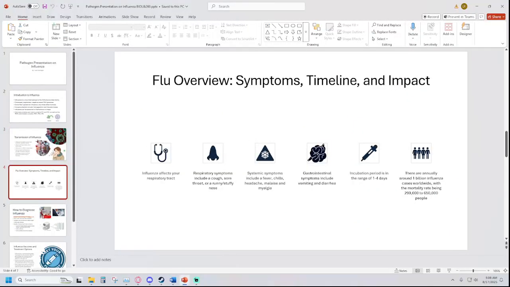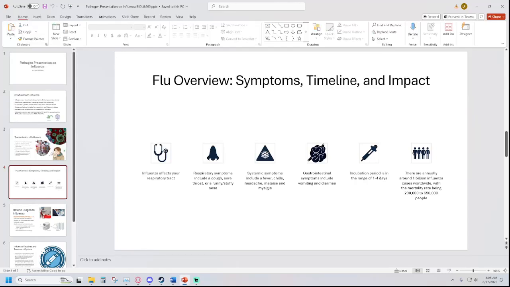Alright, let's get into the flu overview, the symptoms, timeline, and impact. Influenza affects your respiratory tract, which includes your throat, nose, and lungs. Respiratory symptoms include a cough, sore throat, and a runny or stuffy nose.